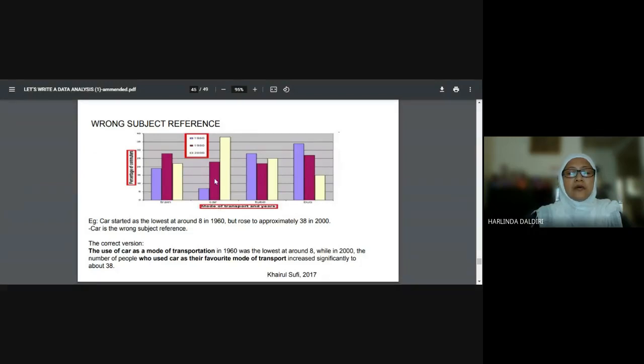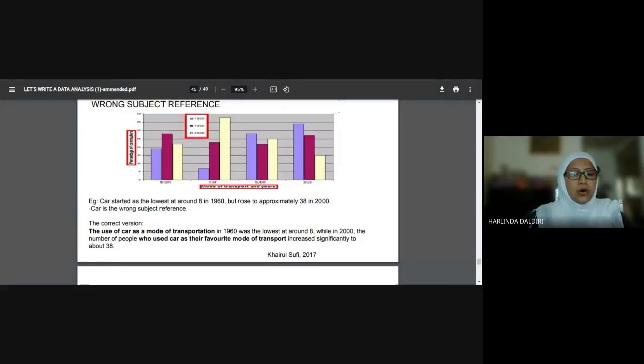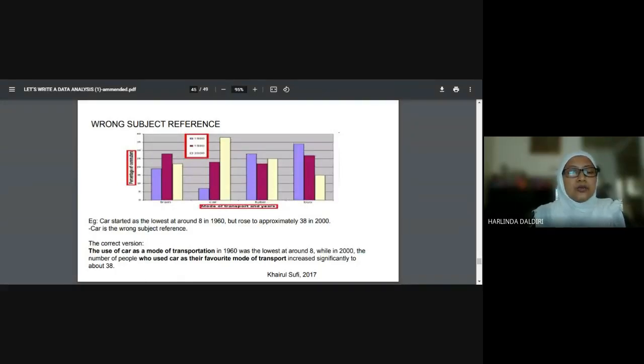It's the number of people who use car to travel. So the correct version should be the use of car as mode of transportation, or the number of people who use car to travel. In 1960 was the lowest at around 8, while in 2000, the number of people who use car as their favorite mode of transport increased significantly to about 38.